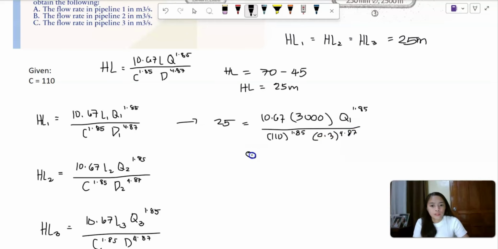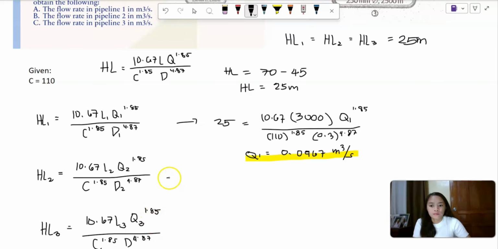So for our Q1, we input it in the calculator, and we can get 0.0967 cubic meter per second. So we already got the flow rate in pipeline 1.